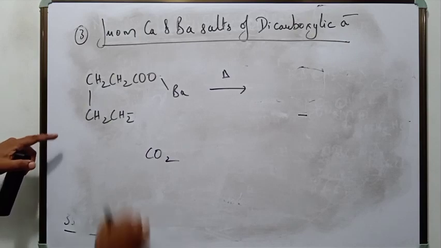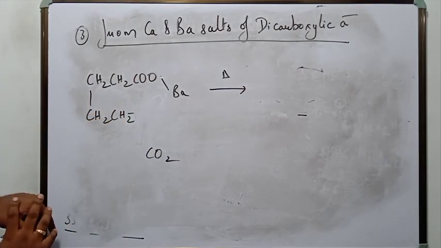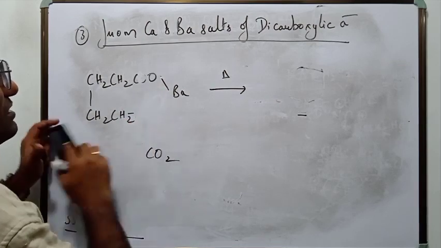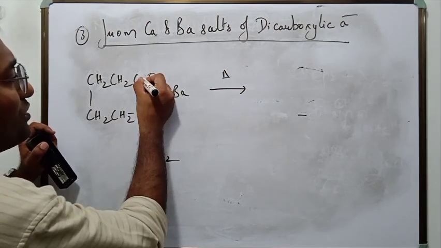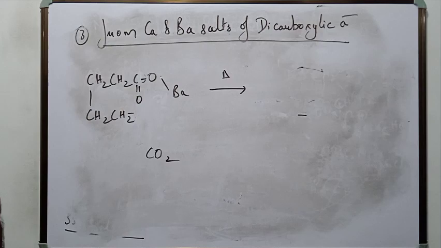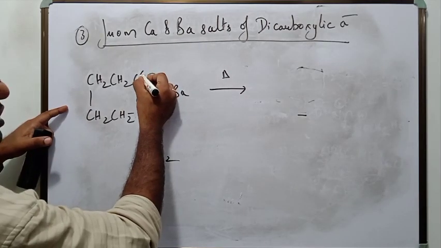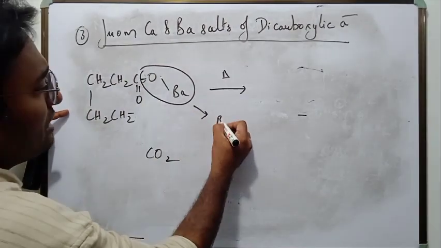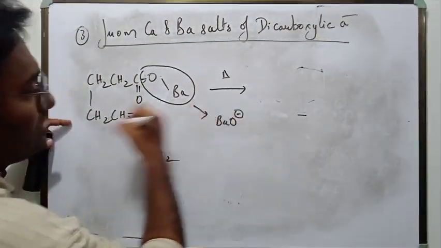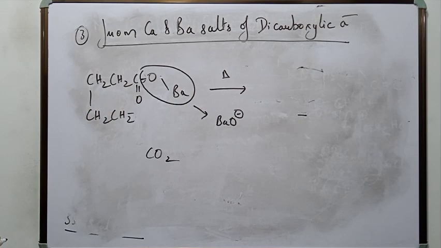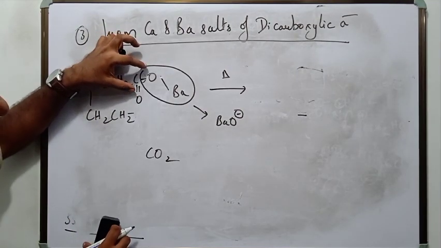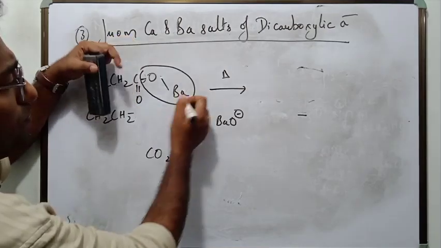And an electron pair is left here. Here also, this is CO. Here also what happens? This portion gets split and it becomes BaO minus. Why does it split from here? Because barium has become positive.